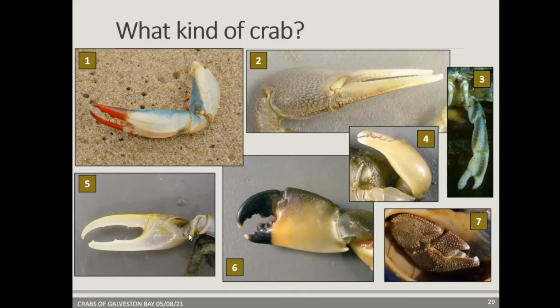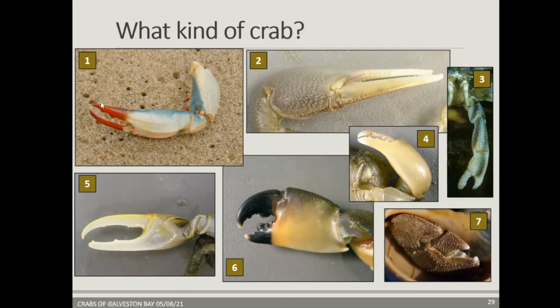These are some things that you could find on the beach or in the mud flat. The reason I'm showing you this is so you might be able to identify some of these crabs if you just see their chela lying on the mud or the beach. A hermit crab. This is from a hermit crab. How about this one? That looks like a hermit crab too. It's not though. This is from the square-backed marsh crab.